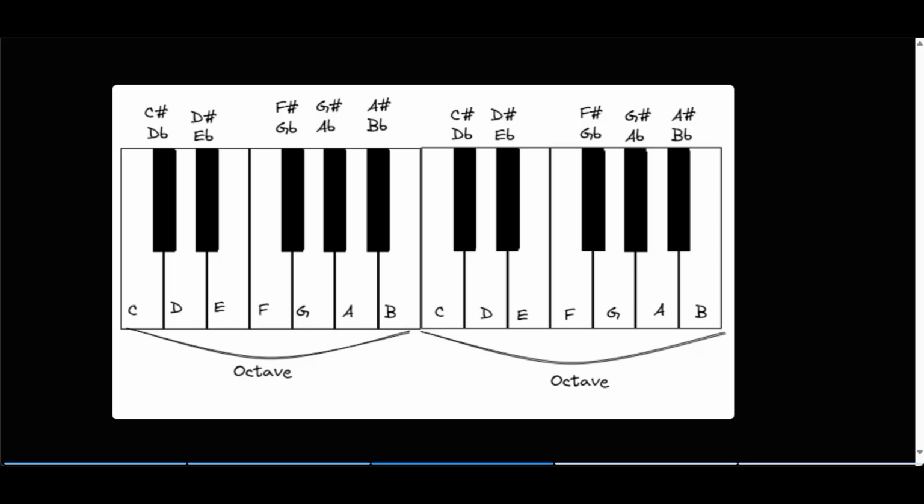So, how to identify which is which? This is the part of the keyboard that is repeated again and again. This is an octave. Now I told you that there are 8 notes in an octave. From C to C, that's an octave.